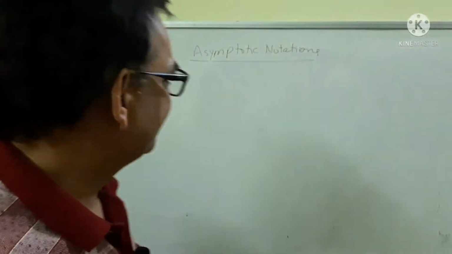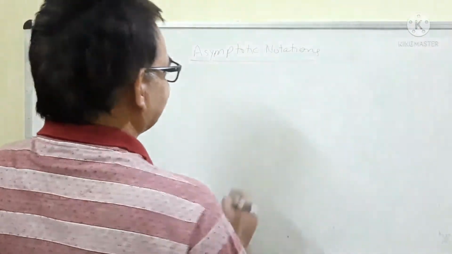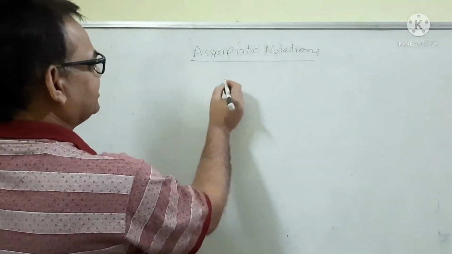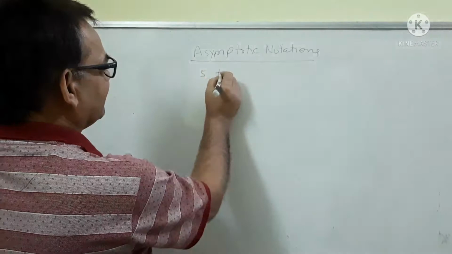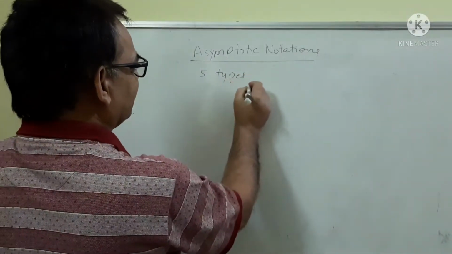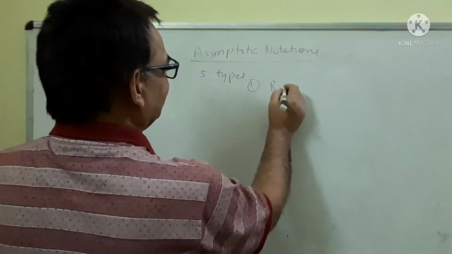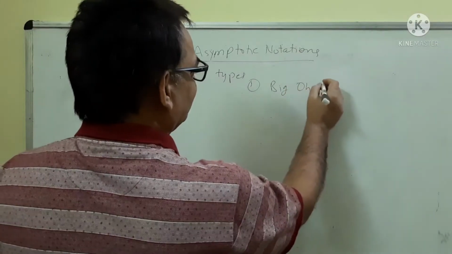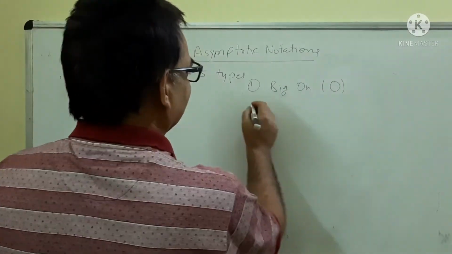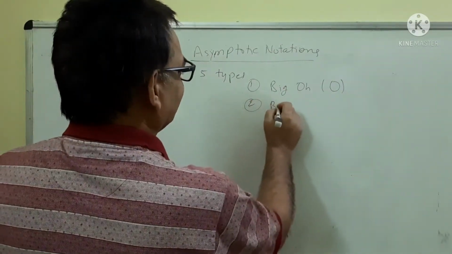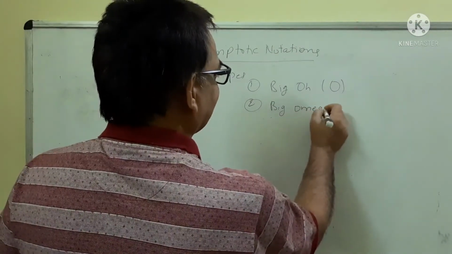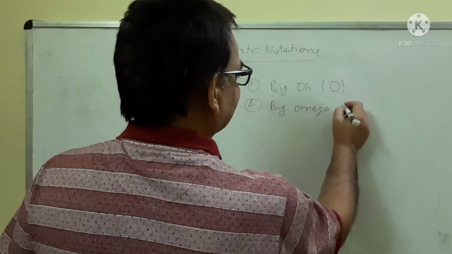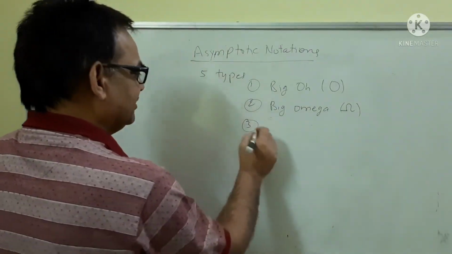Let us start. Asymptotic notations. Asymptotic notations are of 5 types. Number 1, big O notation. Number 2, big omega notation. Number 3, theta notation.